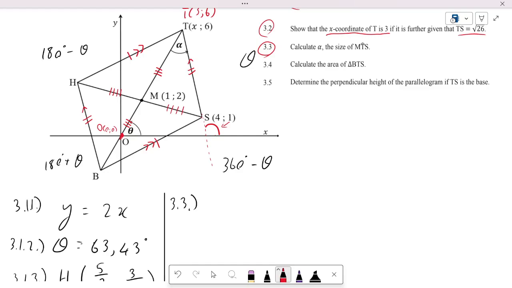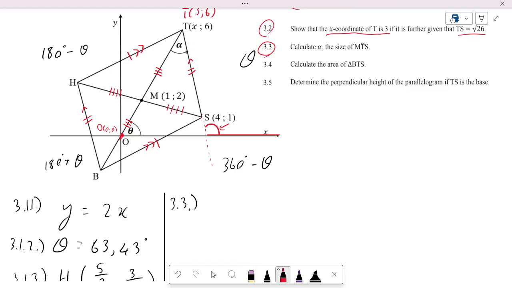The reason why I'm going to extend the line here is because we need to extend a line such that there is a horizontal line involved, or if there was a vertical line involved, then we could also do that. But in our case over here, we have a horizontal line, and then we need to find this angle over here. And once we find this angle here, we can actually then determine our alpha.